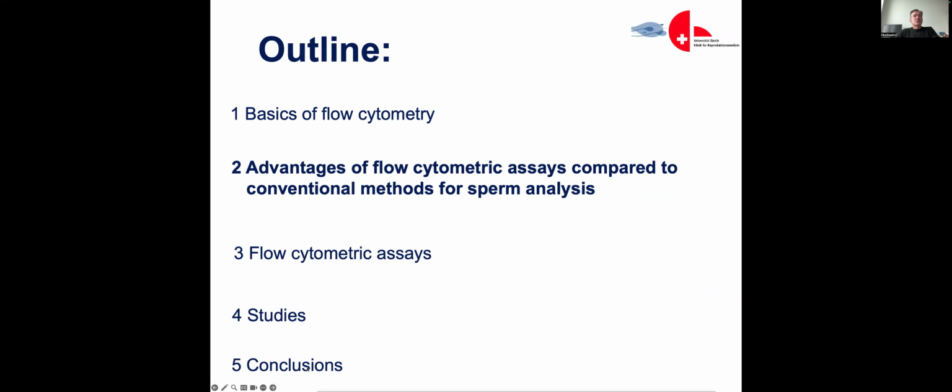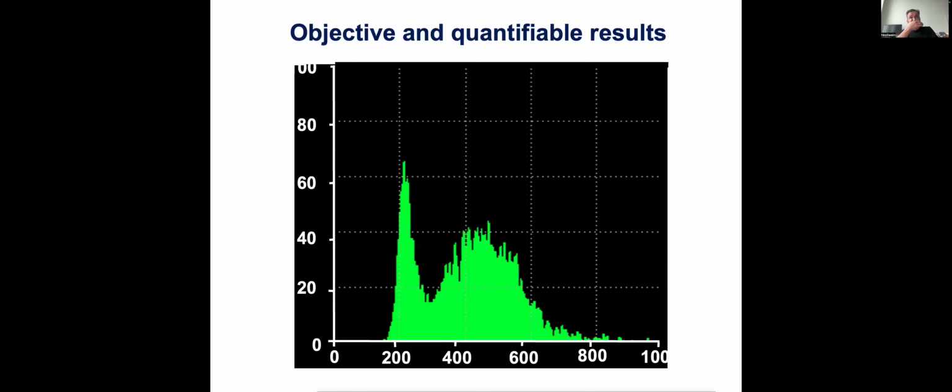And now coming to the advantages of flow cytometric assays compared to conventional methods for sperm analysis. Very important is that you have very objective and quantifiable results. You can measure the fluorescence, not like with the eye, where it's more or less green. You can measure the fluorescence intensity.